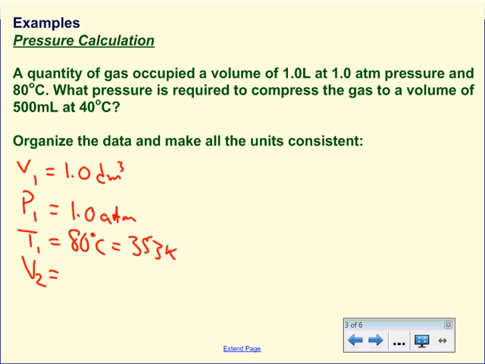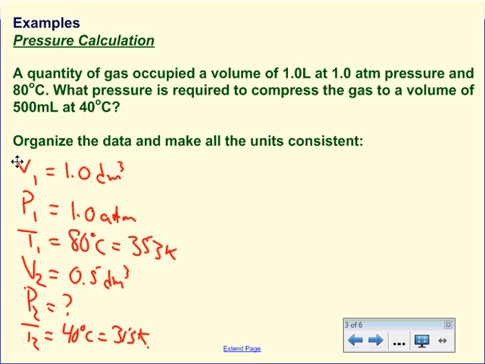My new volume is now 0.5 dm cubed. My new pressure, well, that's what I'm looking for, and the temperature is now 40 degrees Celsius, which is 313 Kelvin.